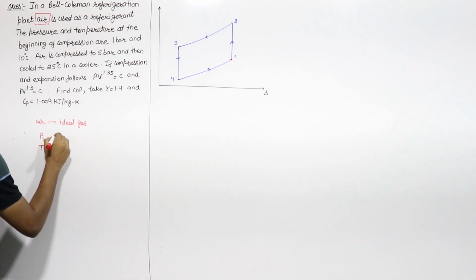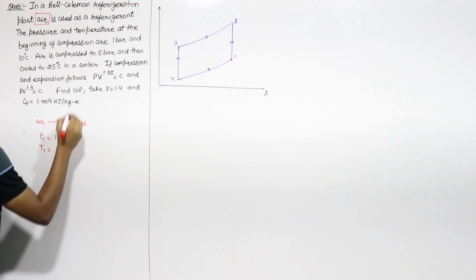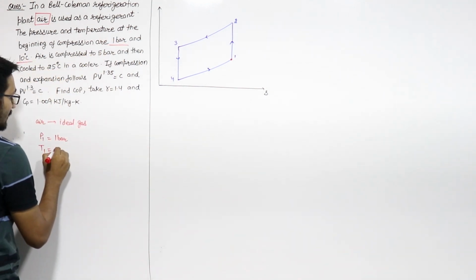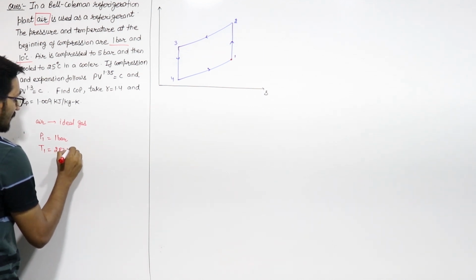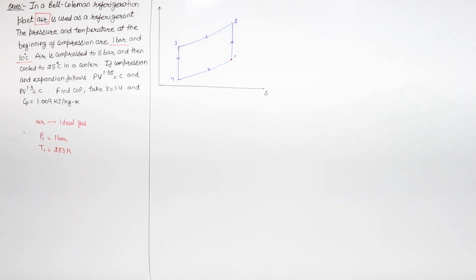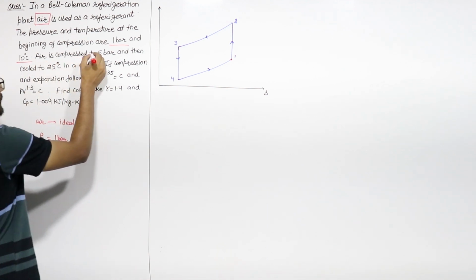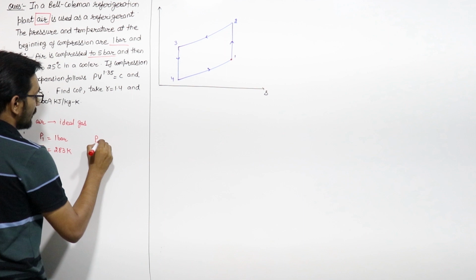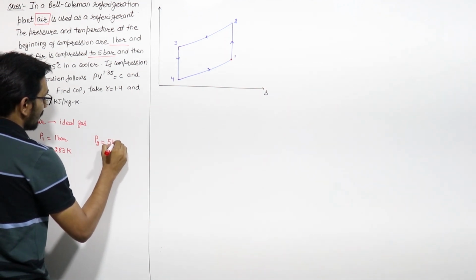So the pressure is 1 bar and temperature is 10 degrees Celsius, that means 283 Kelvin. And air is compressed to 5 bar, that means P2 is given as 5 bar.